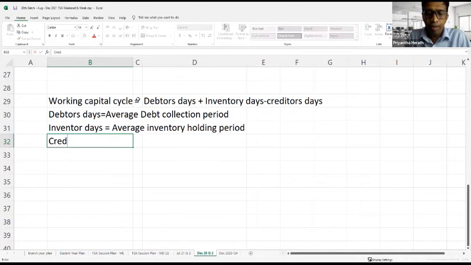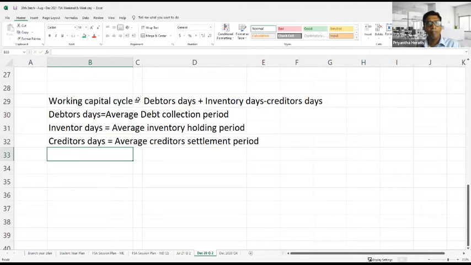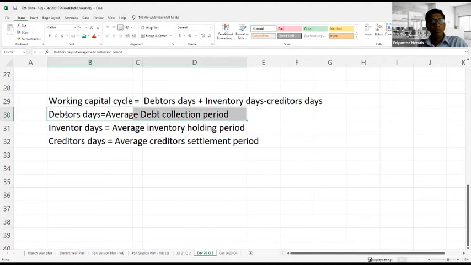Creditors days is the average creditors settlement period. So these are the different terms that we can use, just for your information. In different questions, you get different terms.